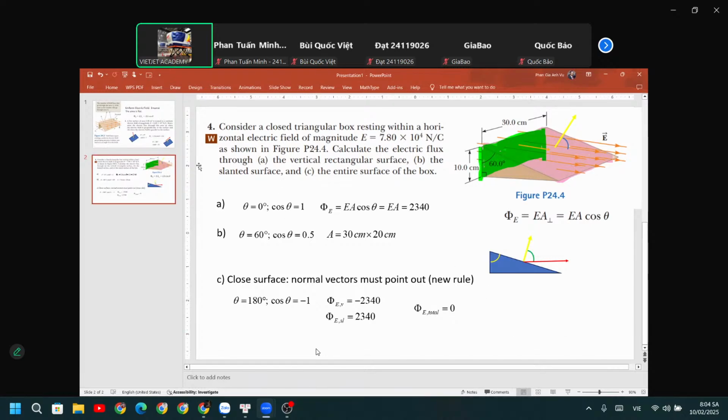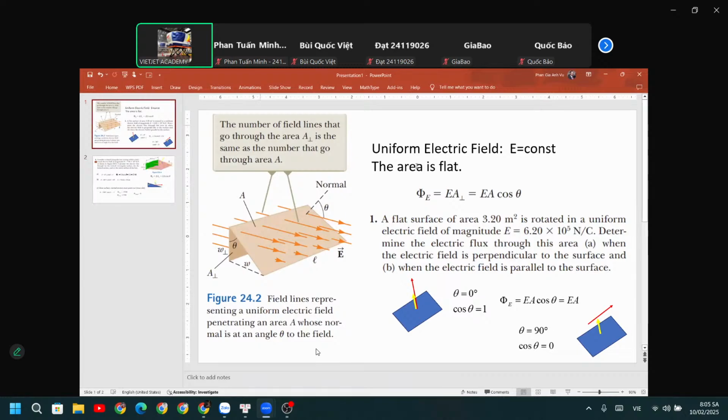When you don't have any question, we can go a step further. Remember, until now we have the uniform electric field and the area is flat. But now what happens if the electric field isn't uniform and the area must not be flat?